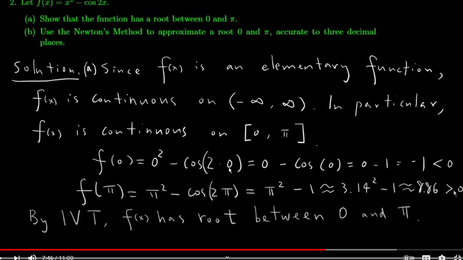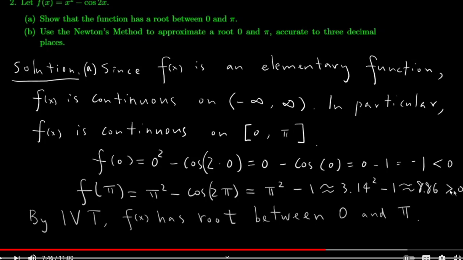Cos of 0 is 1. And then you plug 0 into the function, you have the value of the function at 0 is negative 1, which is negative. And then the value of the function at pi, cos of 2 pi is equal to 1 as well. So the answer you are going to get is pi squared minus 1. Okay. You know pi is 3.14 something. The whole thing is positive.